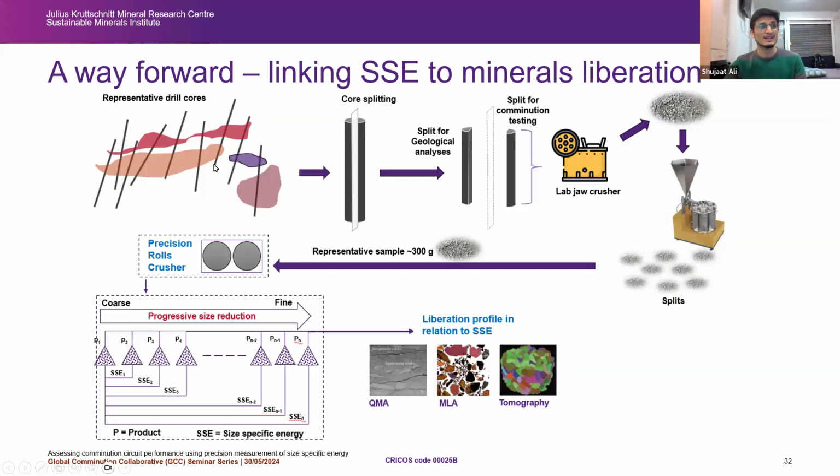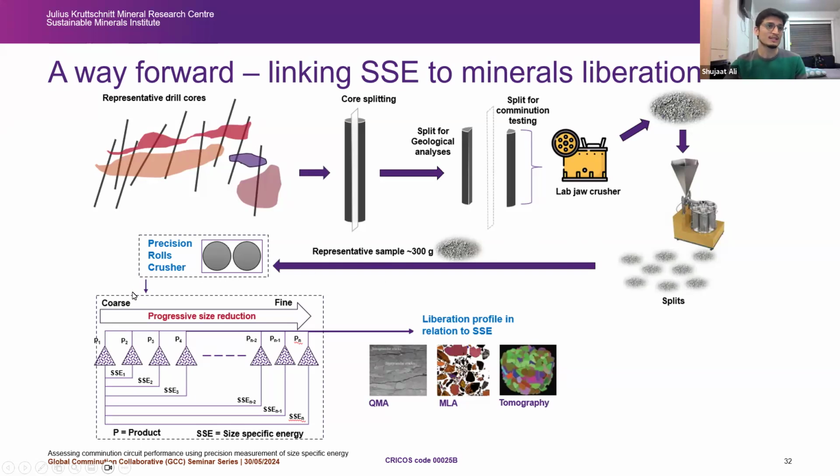So if we take lots of samples and do core splitting, a part of that we send for geological analysis. Then another part we can crush in a jaw crusher and create good splits of our samples as a feed to our rolls crusher.